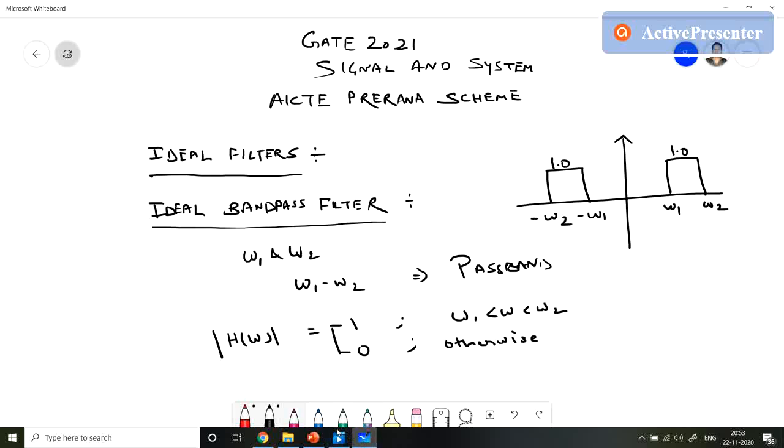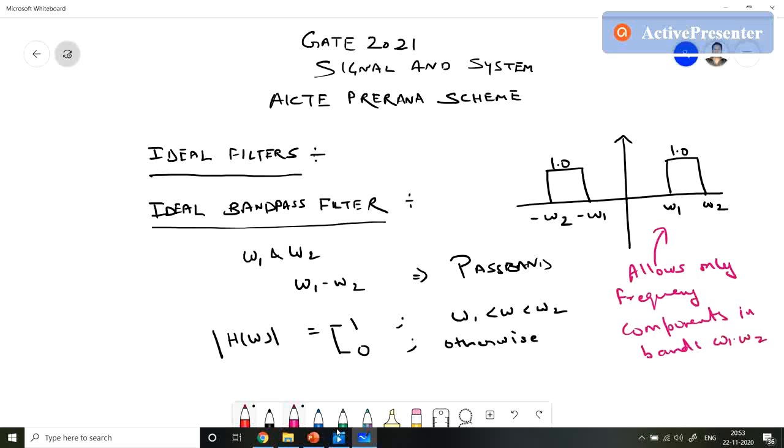So basically it allows only frequency components in the band omega 1 to omega 2 to pass through.